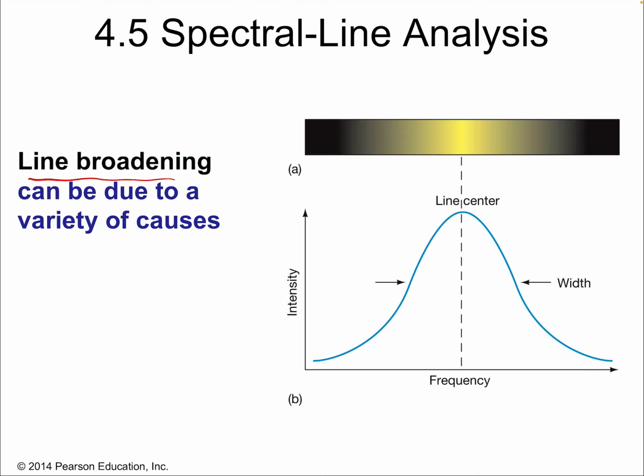Line broadening can be due to a variety of causes. Now again, notice this is not a spectral line set, but instead a continuous spectrum, just to make a point about broadening. So think of this as a tie-in with spectroscopy in general, but less about spectral lines and more about continuous spectral curves like the rainbow spectrums we discussed for Wien's law.